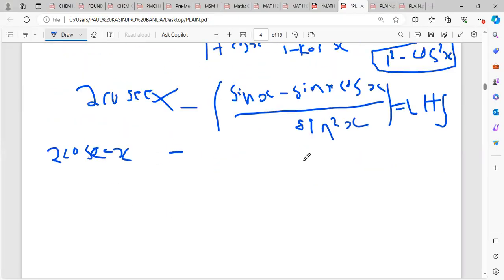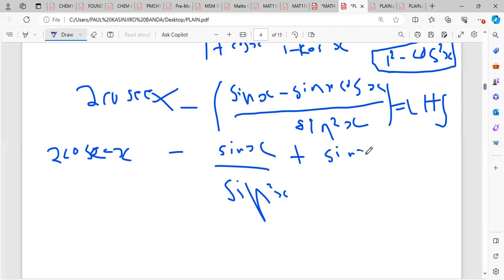So this sine x goes with that: you have sine x over sine squared x. Then this cosine goes with that; negative multiplied by negative means I have a plus. Then I have sine x cos x over sine squared x, which is equal to the right-hand side.